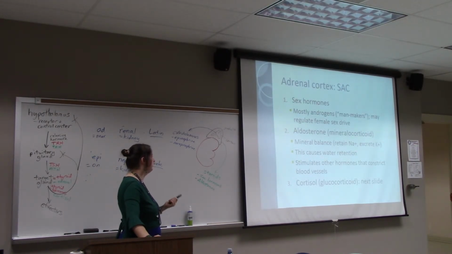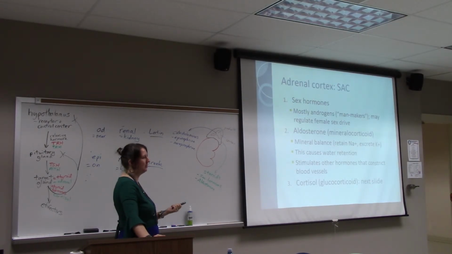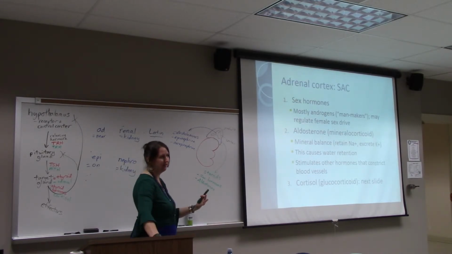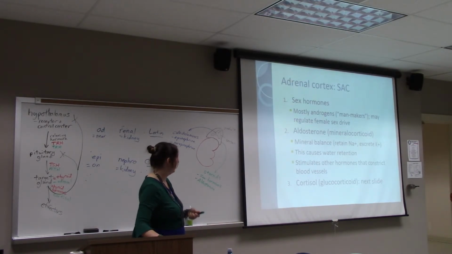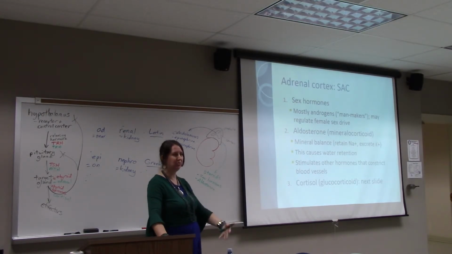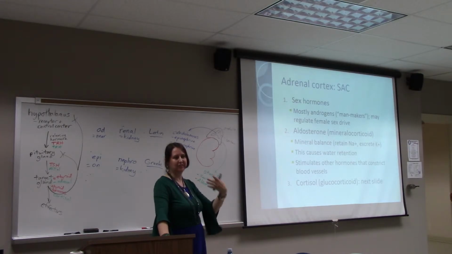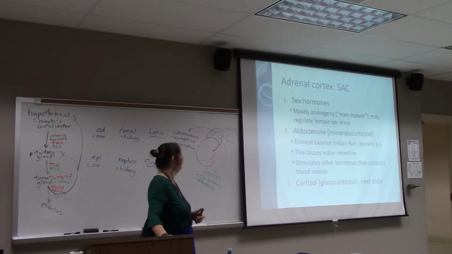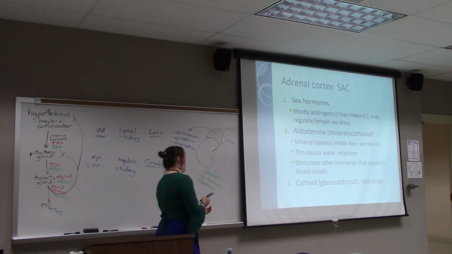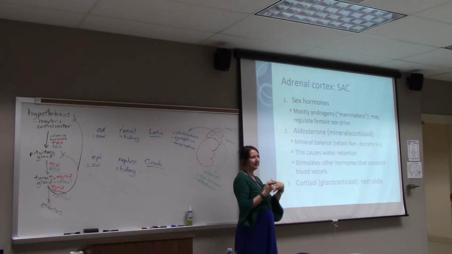Aldosterone is part of a group called mineralocorticoids. The corticoid for coming from the cortex. Mineral because they affect mineral balance or electrolytes. Aldosterone specifically tells the kidneys to retain sodium and excrete potassium instead. The amount of sodium brought back from the kidneys determines how much water gets reabsorbed from the urine.